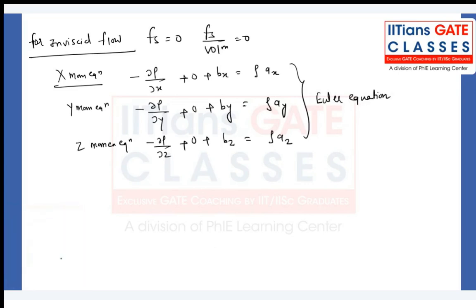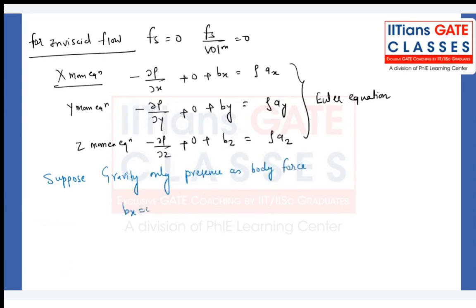Suppose only gravity force is present, suppose gravity is present as the only body force. Then what we can write?